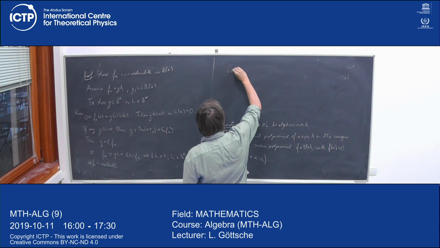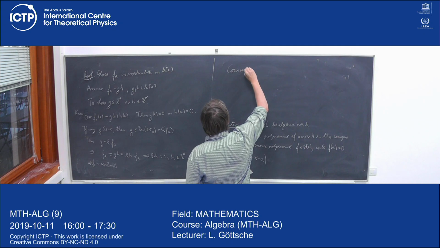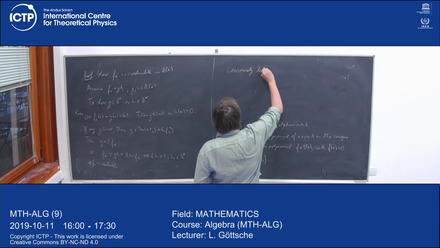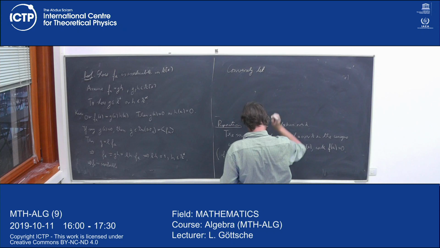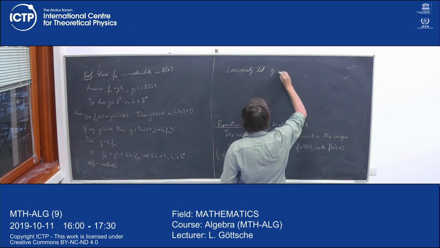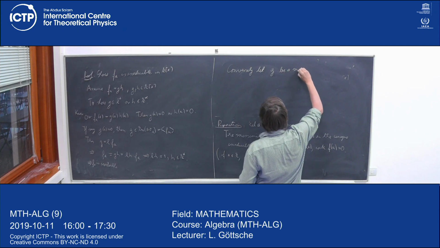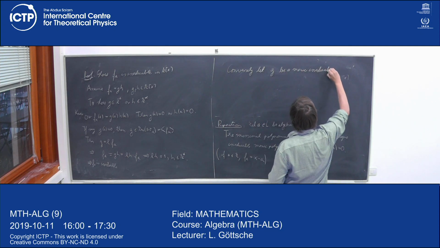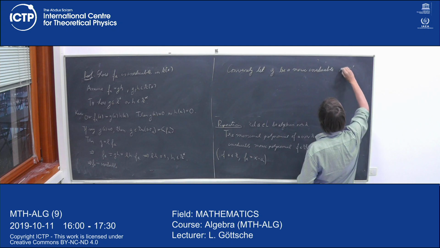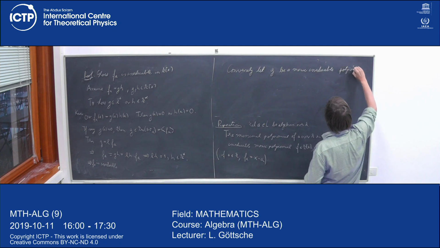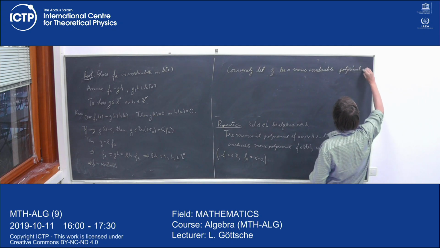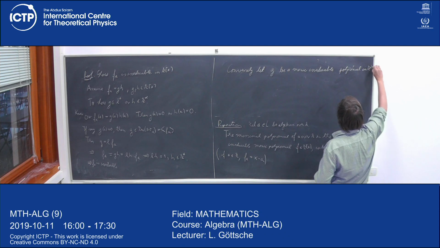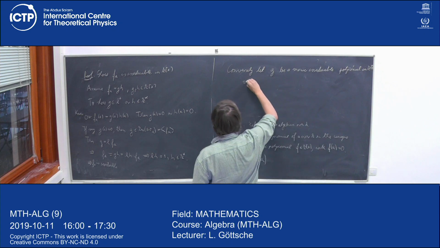So conversely, let G be a monic irreducible polynomial in Kx with G of A equal to 0.